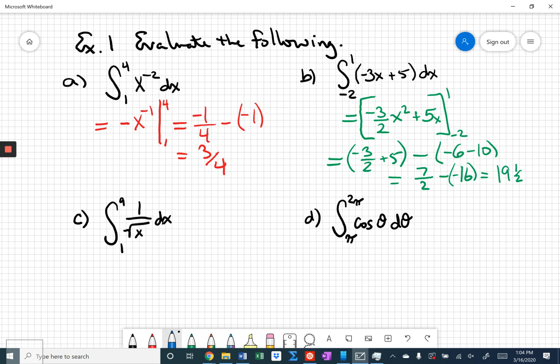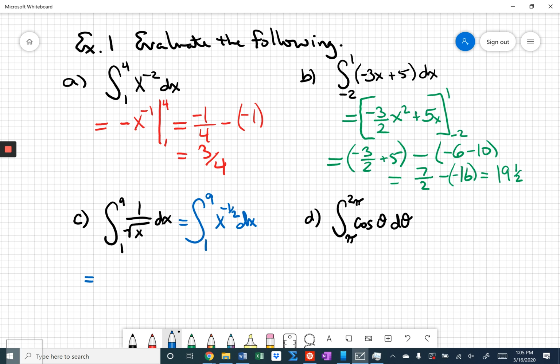All right, so the only discontinuity that happens here is at 0. 0 is not in the interval from 1 to 9, so I can go ahead and apply the evaluation theorem. I need to find an antiderivative of 1 over root x. Some of you might not see what that is at the moment, so maybe a rewrite would help. You can rewrite this as x to the negative 1/2, and then you can reverse the power rule.